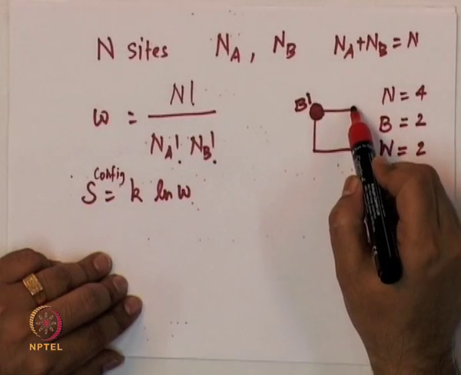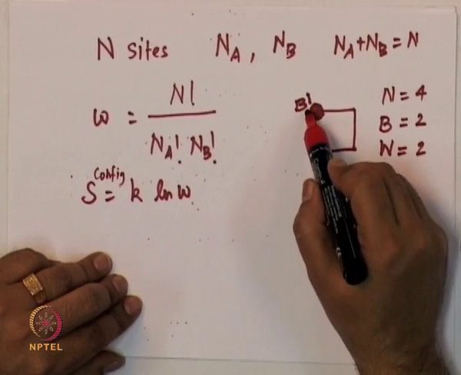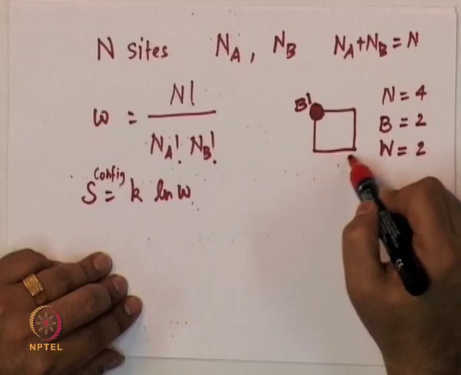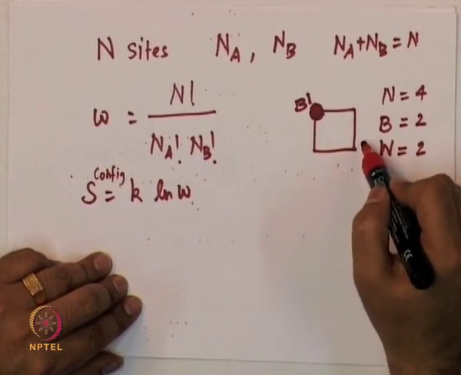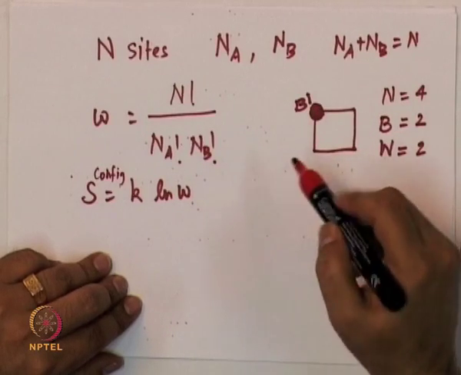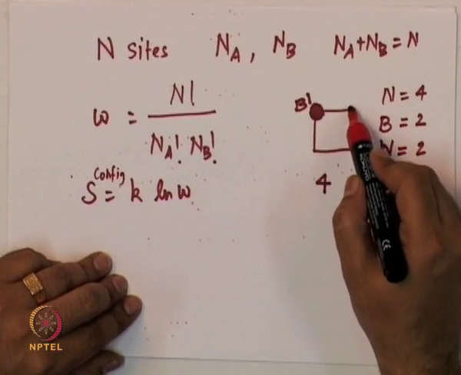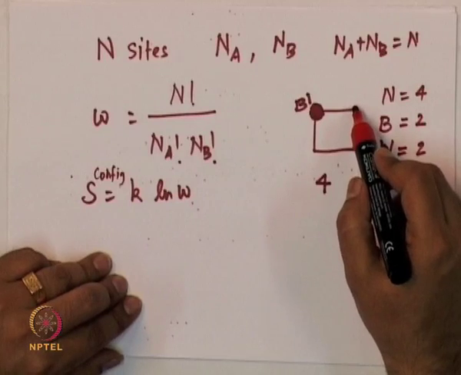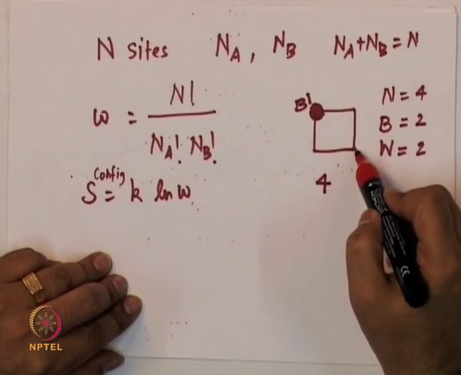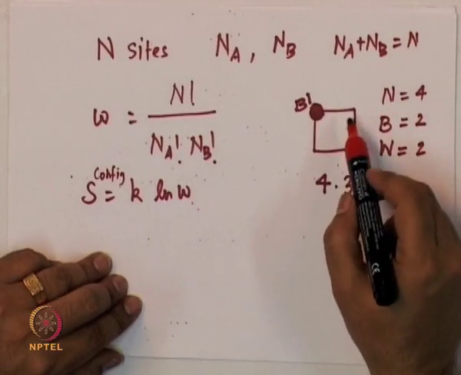So, if one is given, there are 3 others. There are 4 sites for B1, and now for the next one, B2, there are 1, 2, 3 sites. So, there are 4 into 3, 12 possibilities.